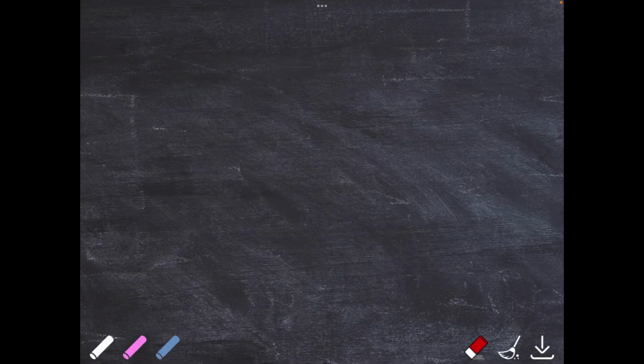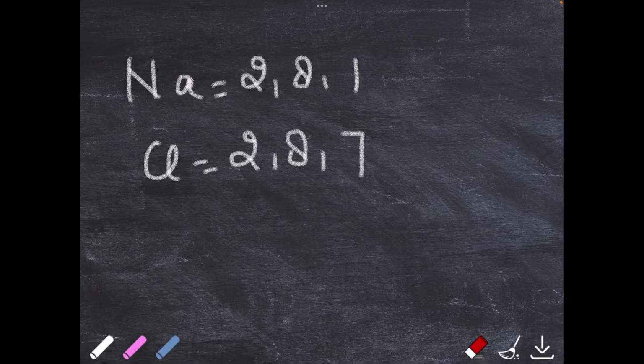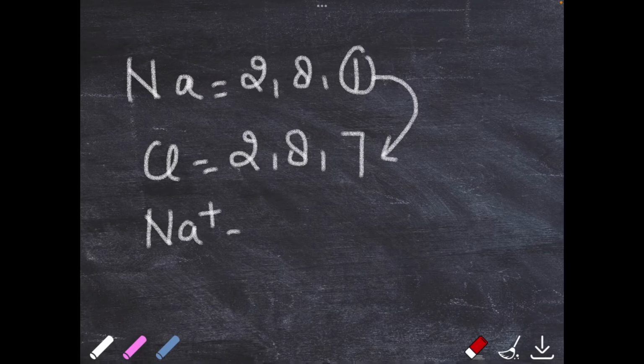Now let's take the example of sodium. This is the electronic configuration, and let's take the example of chlorine. This is the electronic configuration, right? Now sodium, if it loses this electron and gives it to chlorine, sodium will convert into Na plus ion, that is 2,8, and its outermost shell, that is the L shell, this is the K shell and this is the L shell.